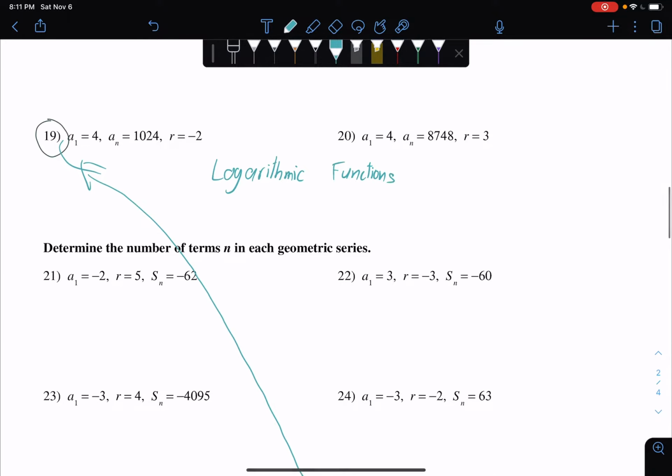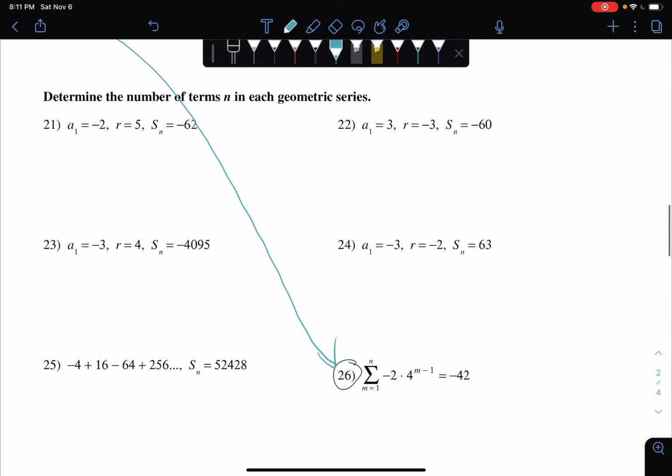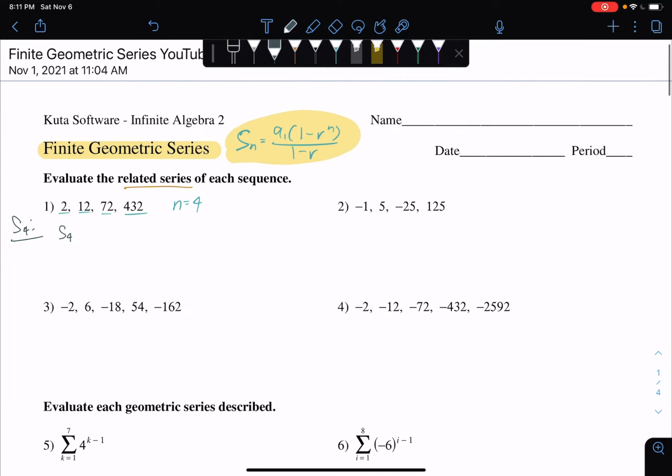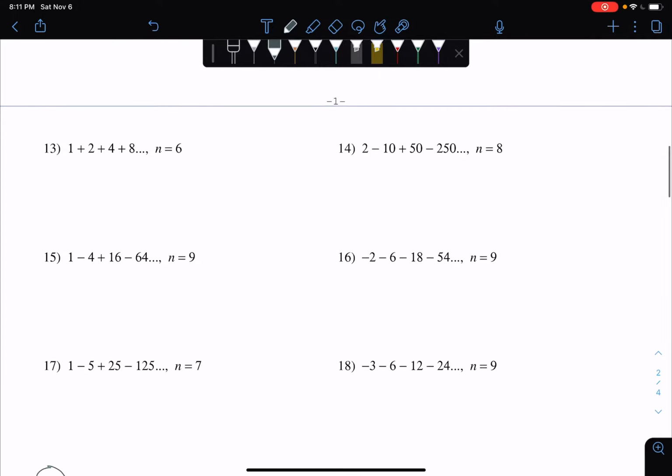Maybe we'll be learning this topic in the future, but for now, we're going to focus on numbers 1 to 18.